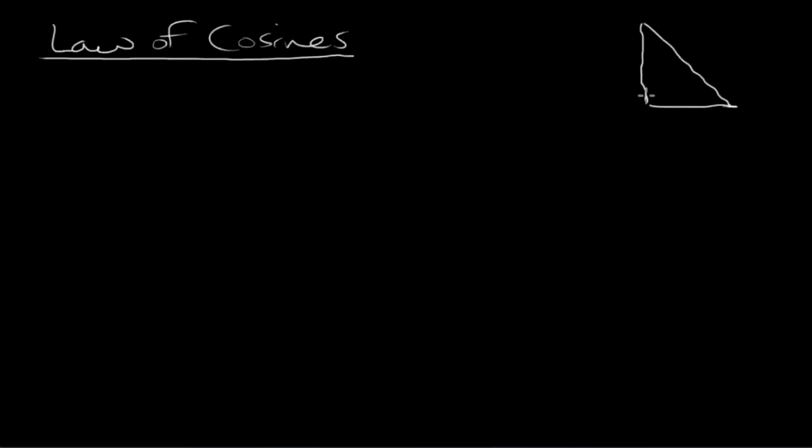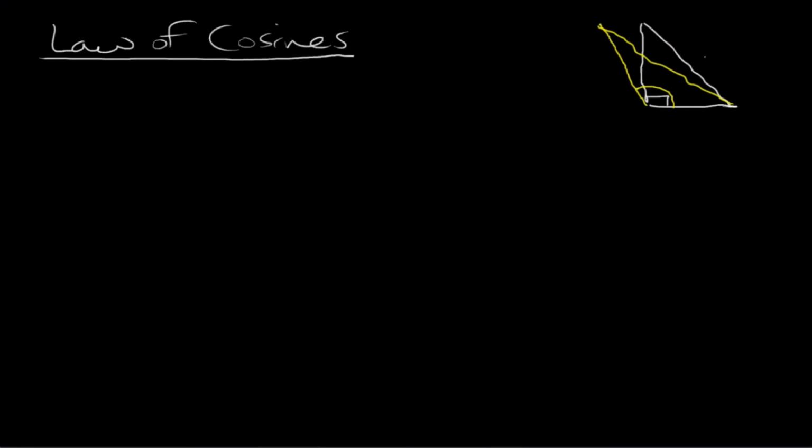The law of cosines is a completely different relationship. In fact, it is the general case of the Pythagorean theorem. The Pythagorean theorem only works with right triangles, but the law of cosines says that if I take a right triangle and lean this side backwards a little bit, now the angle is bigger.